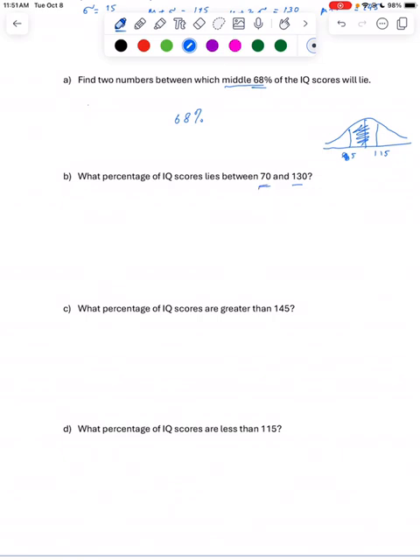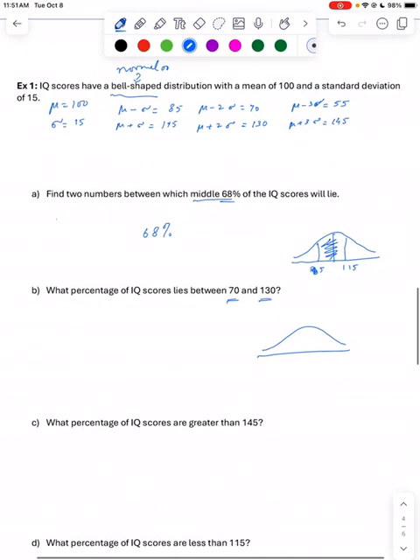What does that mean? 70 is mu minus 2 sigma, and 130 is mu plus 2 sigma. So you can write here 130 and 70, and this is going to be 95%.